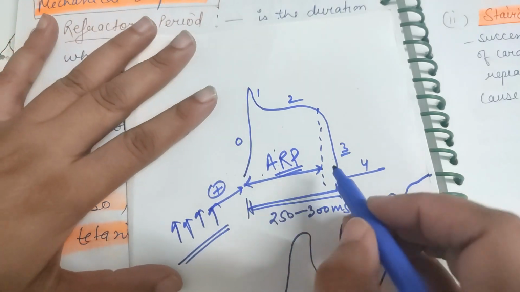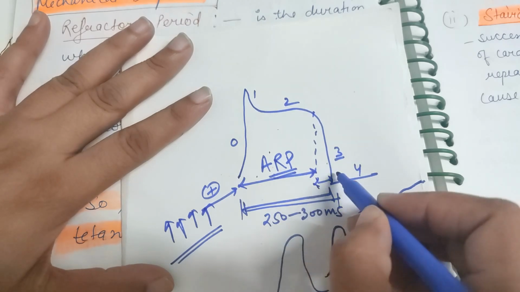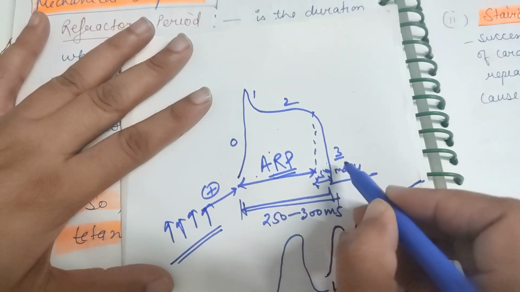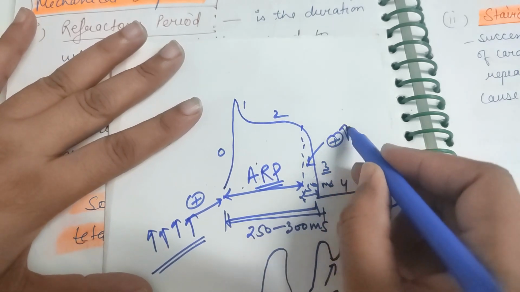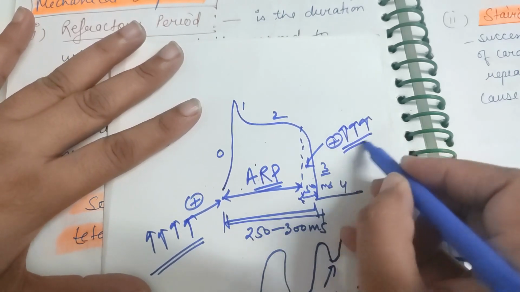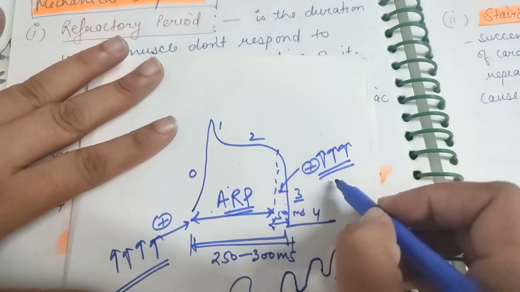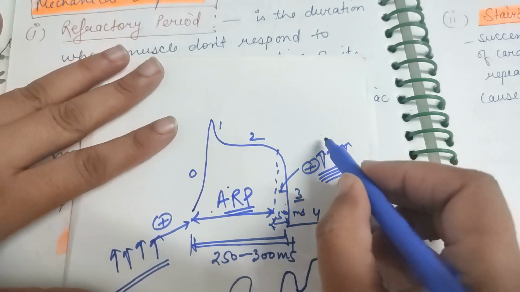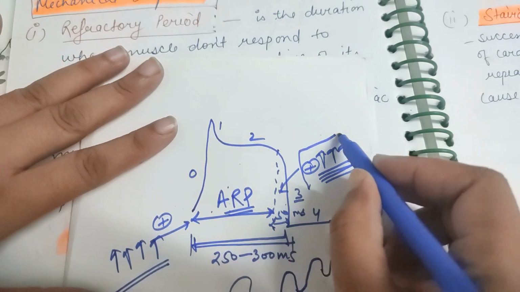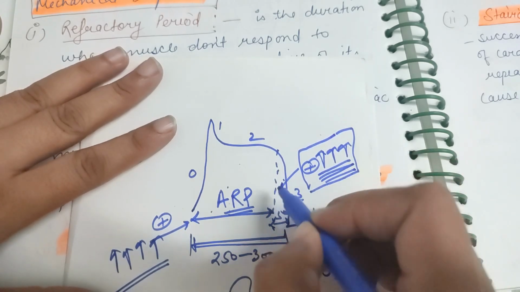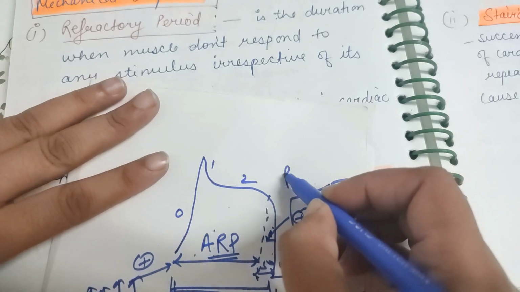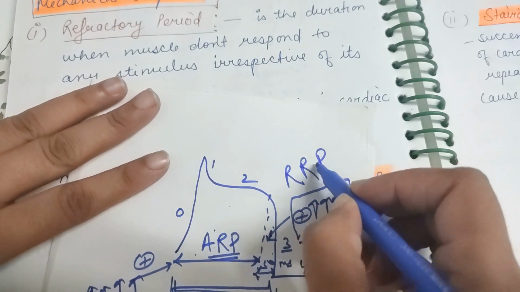But for the next duration, which is around 50 milliseconds, if you stimulate here with a stronger stimulus, mind it, stronger than the applied one, you can excite the cardiac muscle. This is called the relative refractory period.